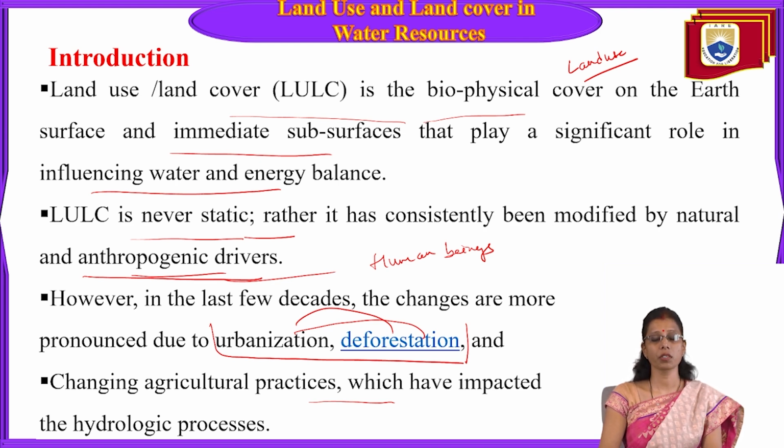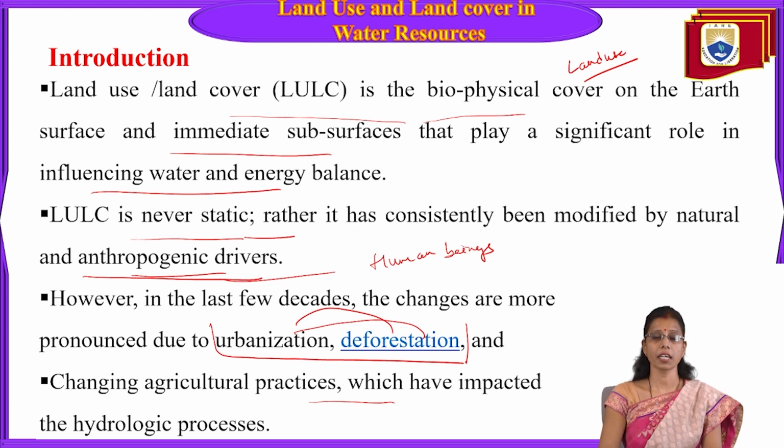The top layer of the soil will be eroded, and fertility will be less in such areas. So the production of crops will become less, affected by this deforestation process. Deforestation affects the water as well as the production activities.